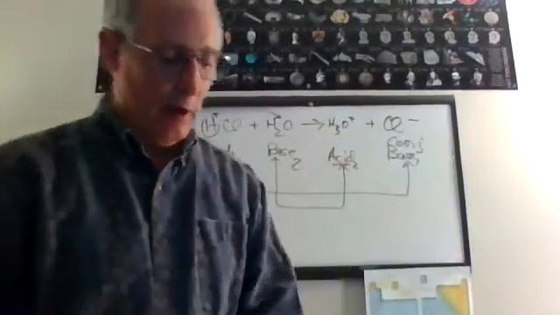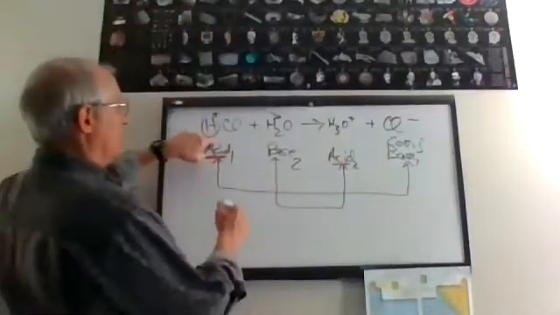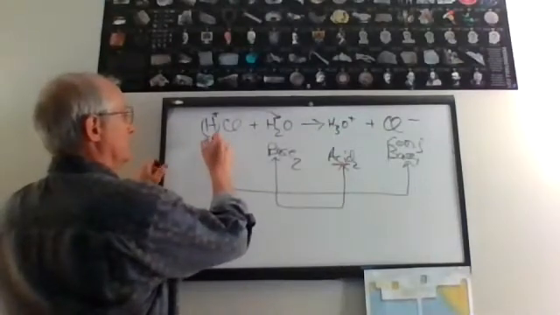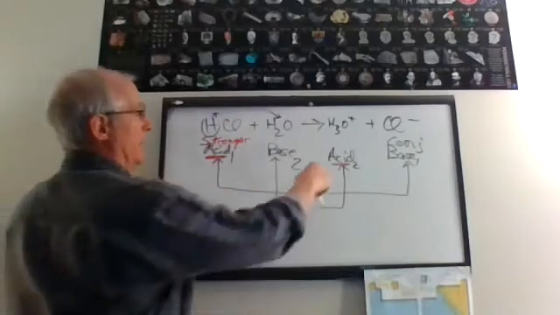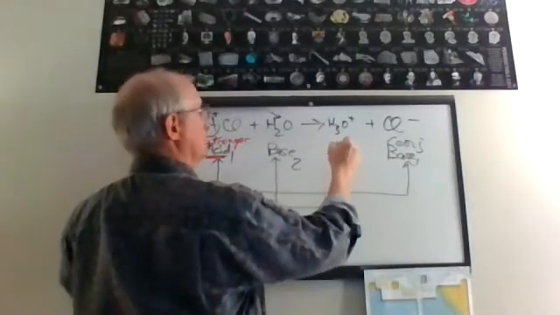You'll notice that the strong acids always have an asterisk next to them, and from below hydrogen down, none of those are strong acids. So this hydrochloric acid is stronger than this acid over here, hydronium.